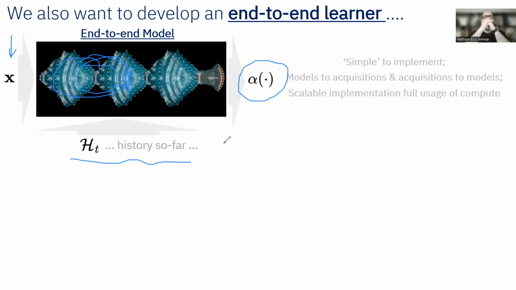Where is this labeled data set going to come from? Maybe you can do supervised training for the model part, because you have X and Y, but how would you do supervised training for the acquisition part? Because we don't know the acquisition values.